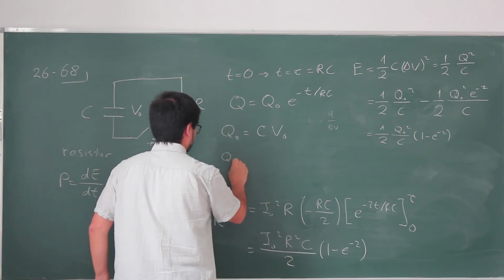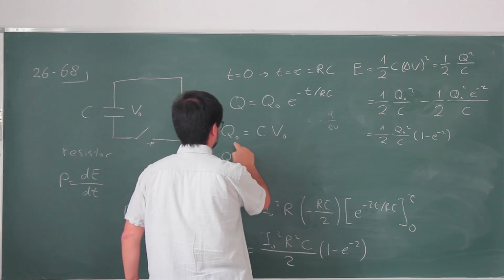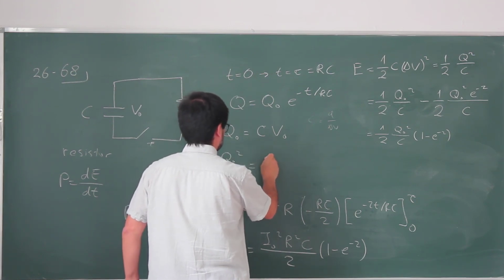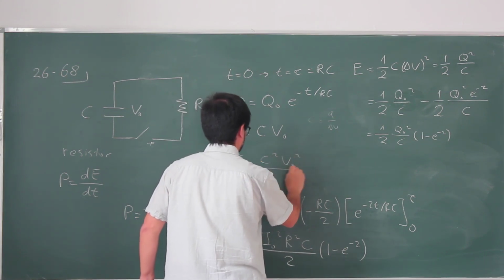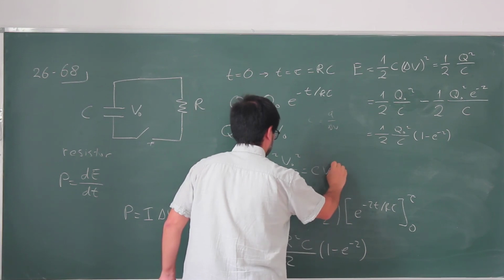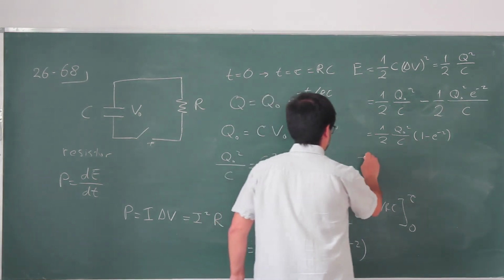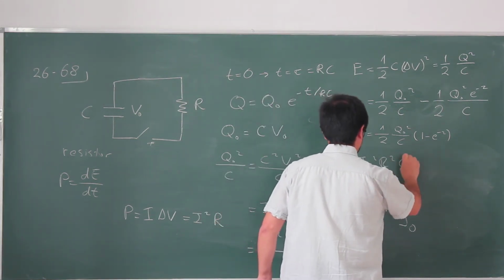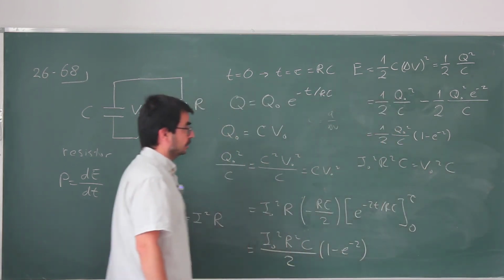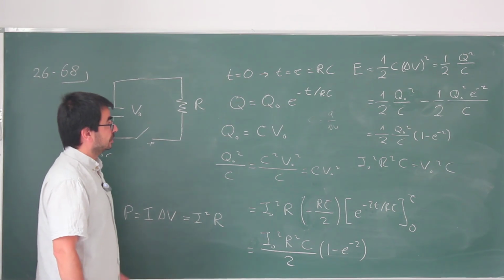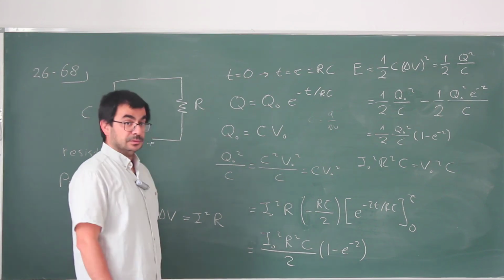So Q naught square over C, with Q naught equal to C V naught, is C square V naught square over C. So this is C V naught square, whereas I naught square R square C is of course V naught square times C. So these two are equal to each other, which shows that the energy change in the capacitor is equal to the energy dissipated over the resistor.